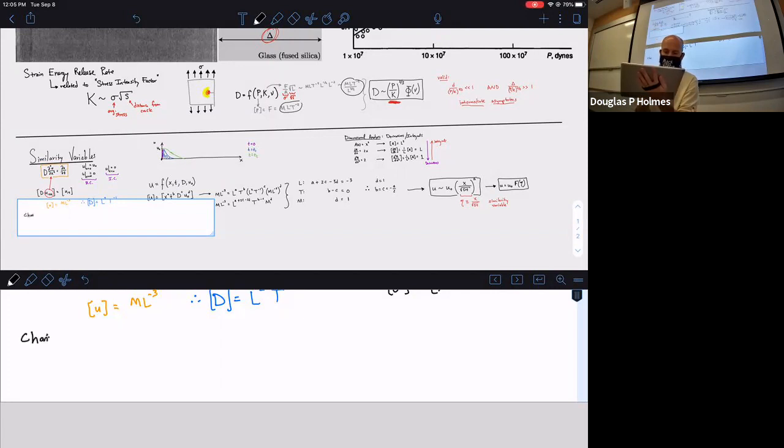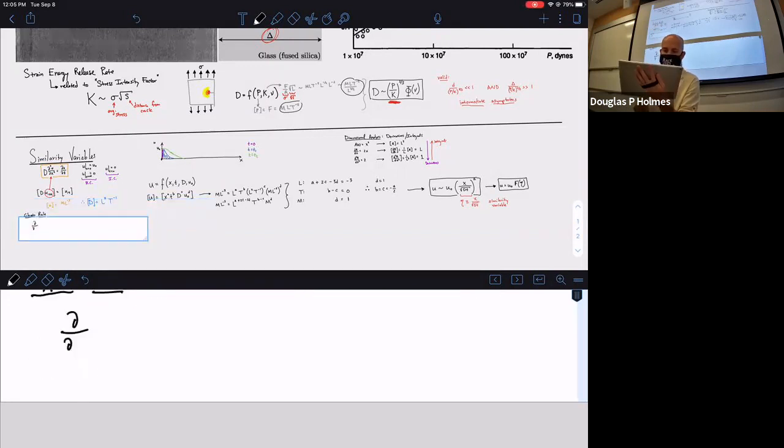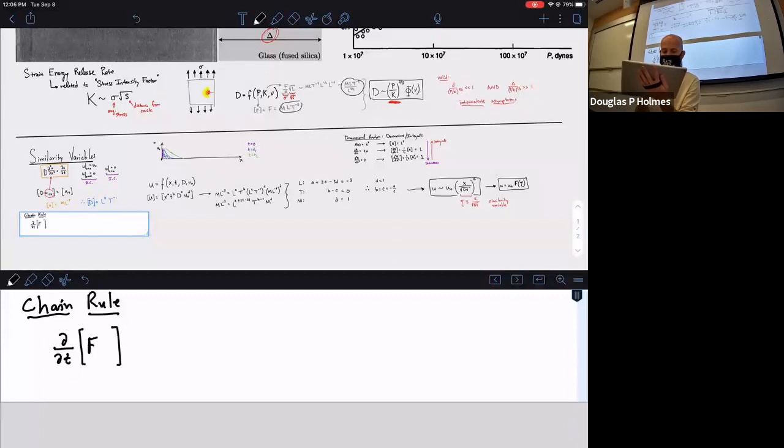For those of you who don't find it helpful to hear that in words, the chain rule is telling us that if I need to take the derivative with respect to time of f of eta, I need to take the derivative of the outer function with respect to the inner function.